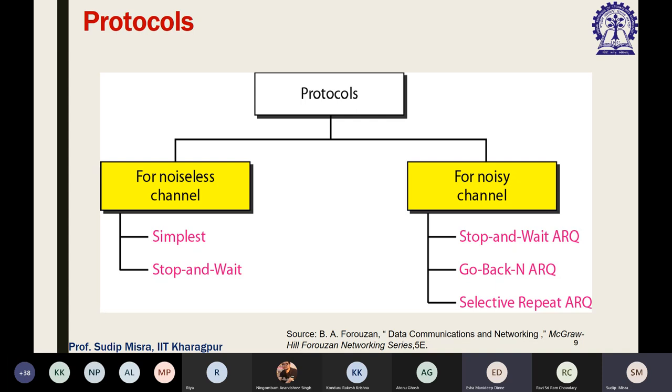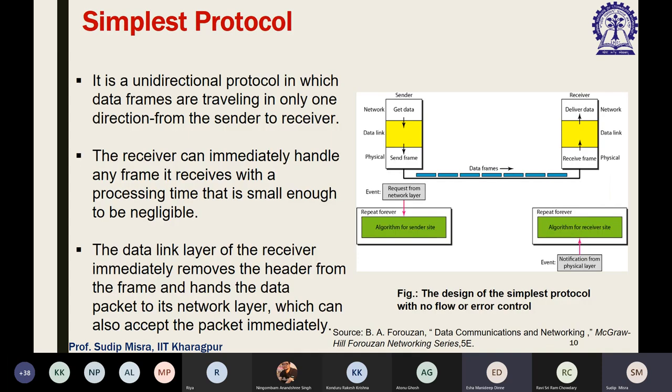We'll start with the simple protocol. Simple protocol means there is no flow control or error control. We have the sender and the receiver. We are talking about this yellow part, which receives the data from the higher layers at the sender.